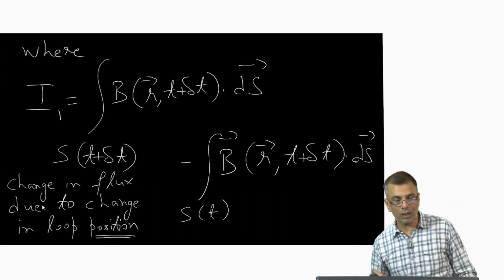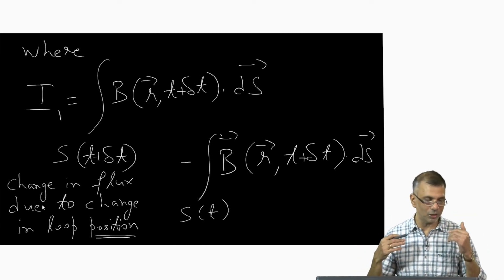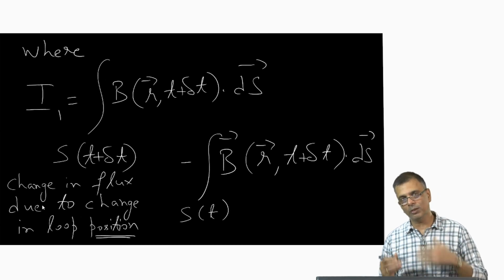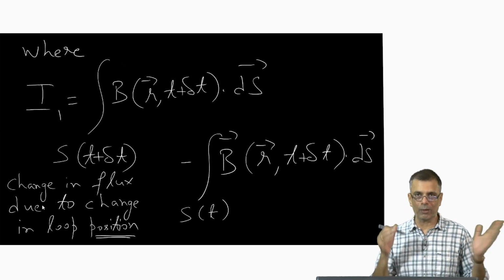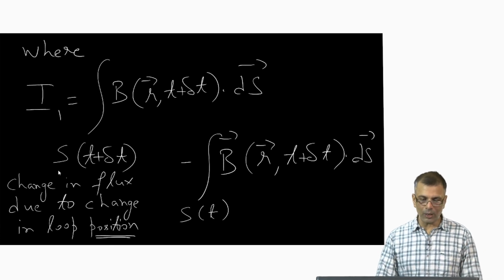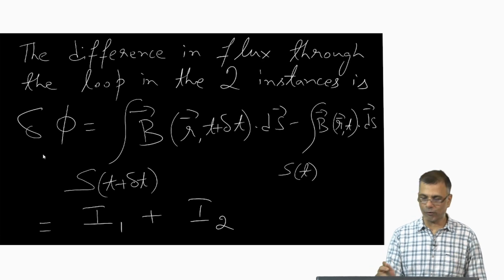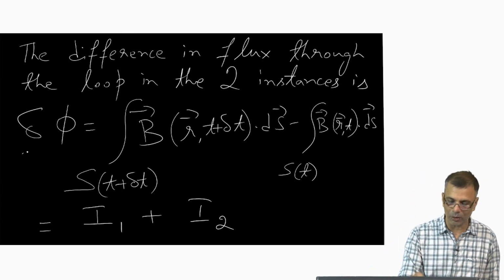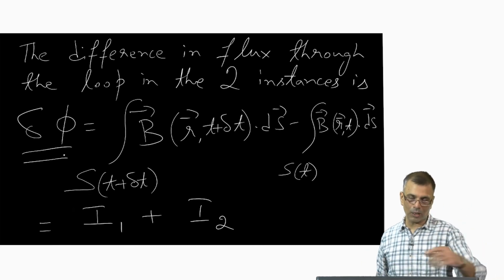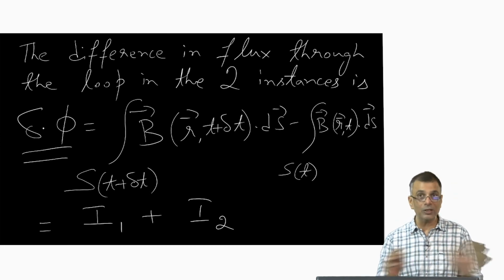I want to write down one chunk which is exclusively due to change in loop position and another chunk which is exclusively due to the change in the magnetic field. I want to split it up like that. So I1 is the change due to loop position. This is really the delta phi, the basic thing, what we want to check. And we know that eventually we are going to show that the change in flux, the difference in flux, is 0.